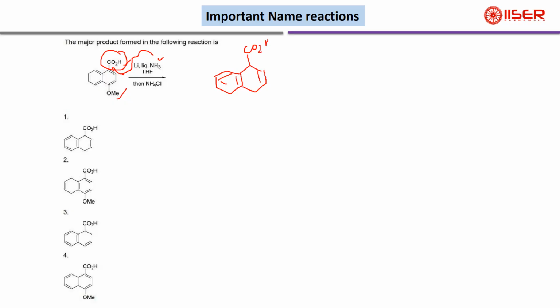In the next step, they have added NH4Cl. NH4Cl is a mixture of ammonia and HCl. It is slightly acidic and will give H plus. This H plus will be taken up by this OMe.